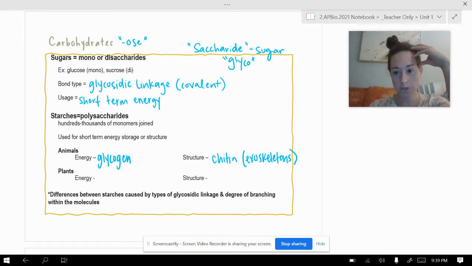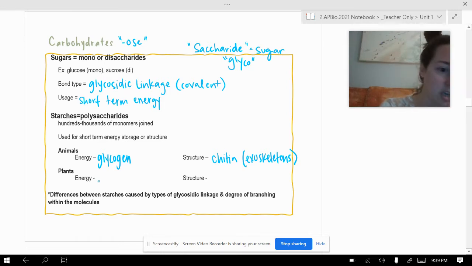Plants also use starches for both energy and structure, but they use different ones. So for plants, their energy comes from a starch that's called amylose or amylopectin.